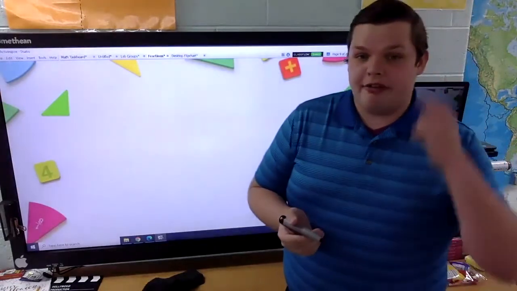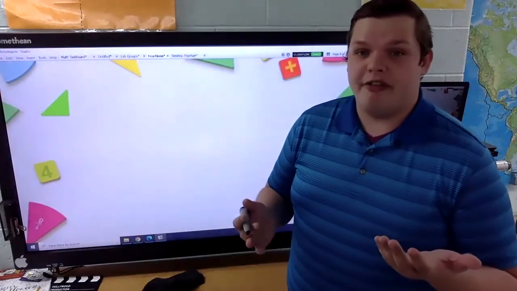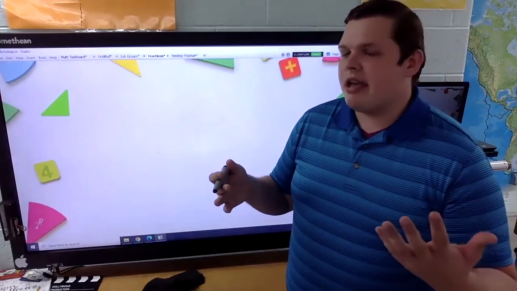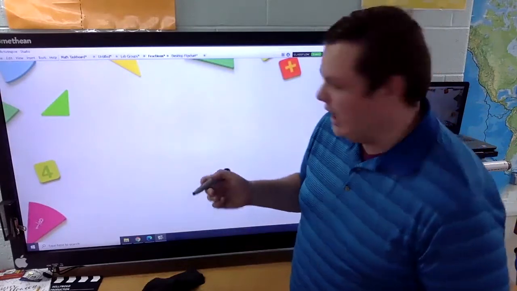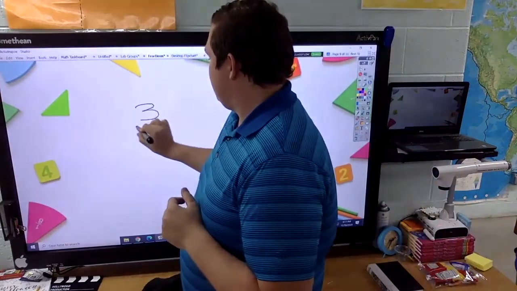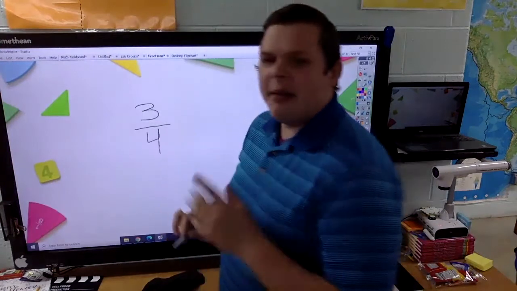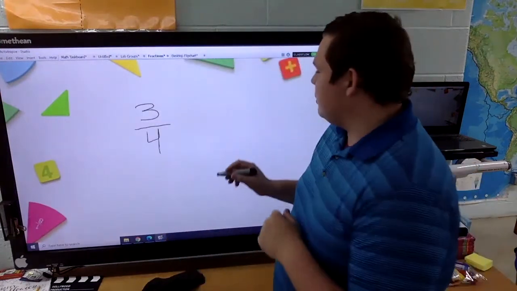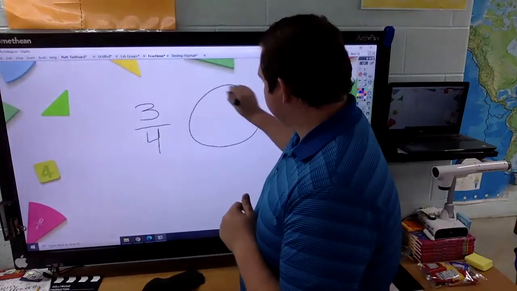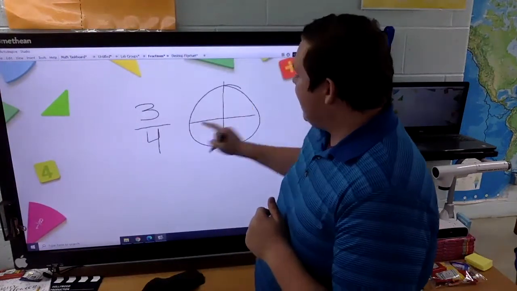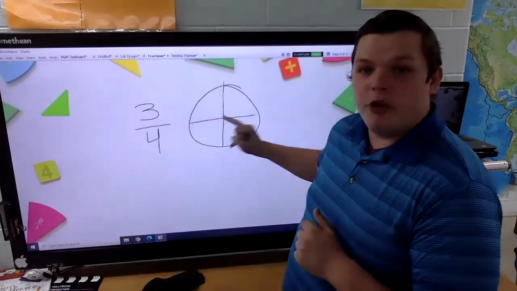To find an equivalent fraction, you've got to take any fraction that you have first. Let's take 3/4. It's a fraction I love. I'm going to draw what 3/4 looks like just since we're new to fractions. Take my circle. Bottom number's 4, so I have to split it into 4 equal parts.